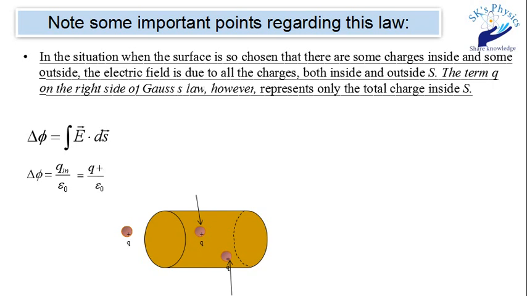Here the enclosed charge is 2, so q plus q by epsilon 0, that's 2q by epsilon 0. One charge is outside, so it is considered for the electric field, so integration E1 plus E2 plus E3 dot ds. So the electric field is due to all the charges inside or outside, but the term q inside is only for the total charge inside the surface.